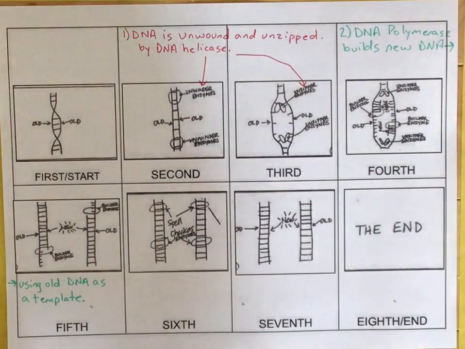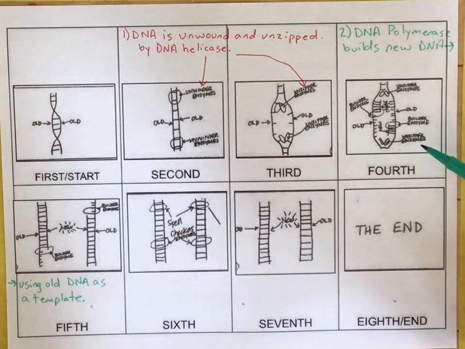So what that means is DNA polymerase, not only is it a building enzyme, but it's kind of a reading enzyme too. DNA polymerase reads the old DNA molecule, and wherever there's an A, DNA polymerase will put a T to match up. Wherever there's a C, DNA polymerase will put a G, and so on.